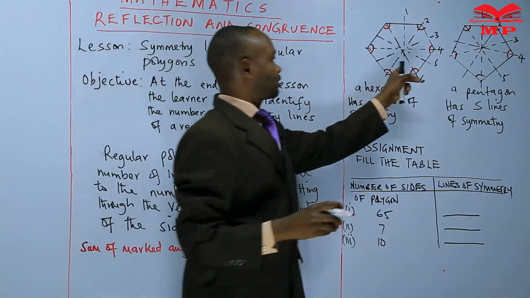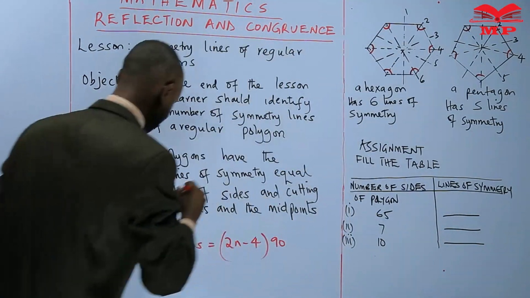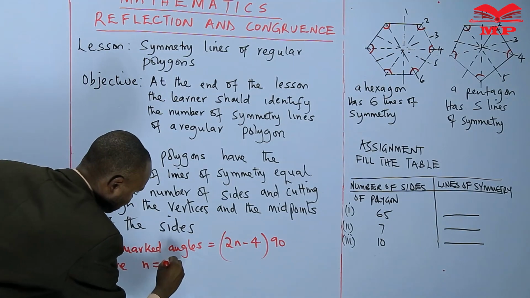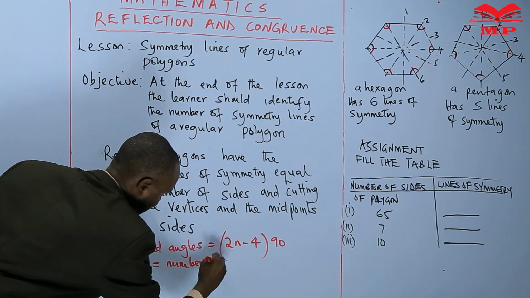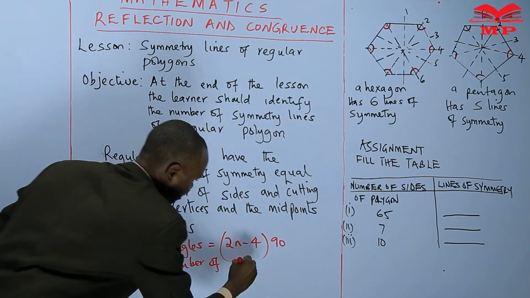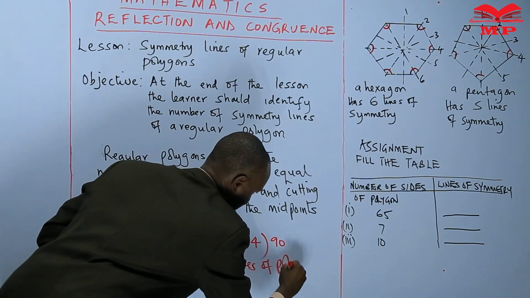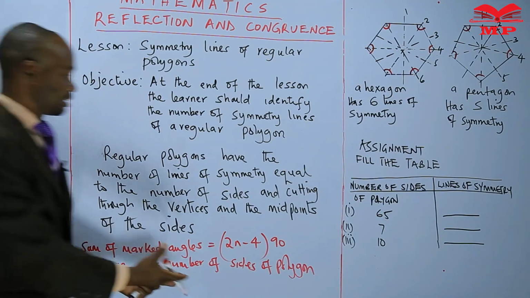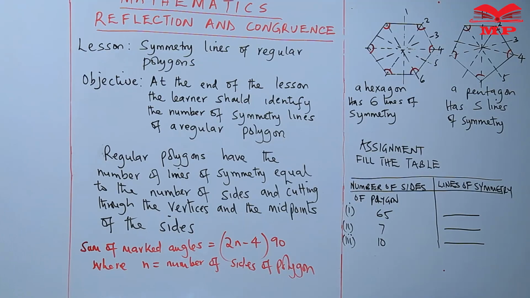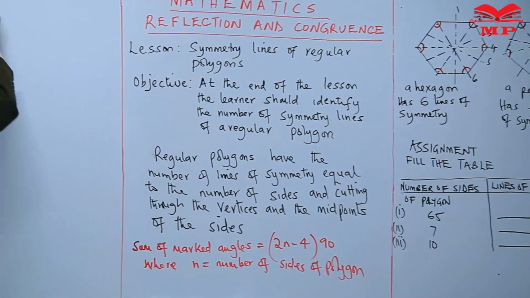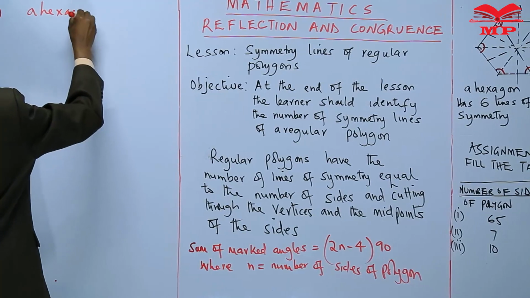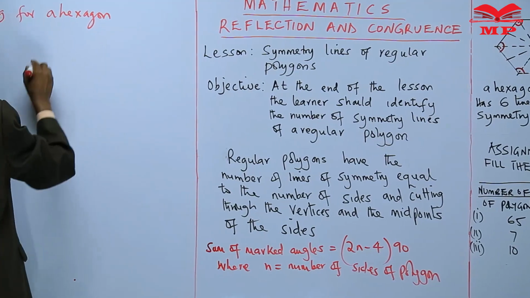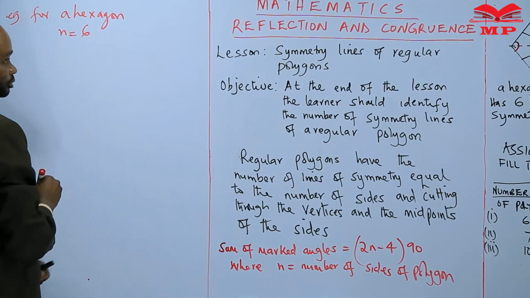So if I want to get the sum of all of these, the 6 here, I can give an example of a hexagon, for which n will be equal to 6.